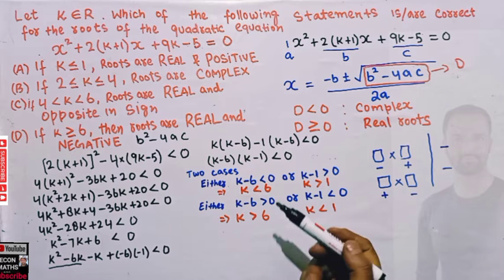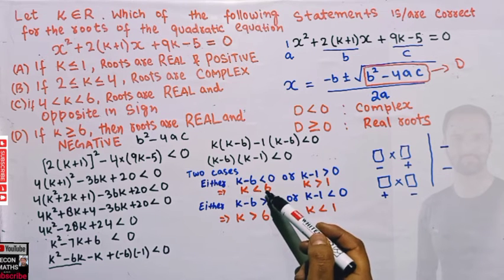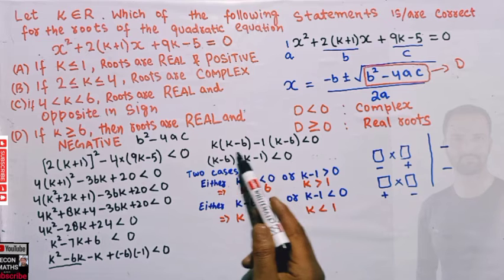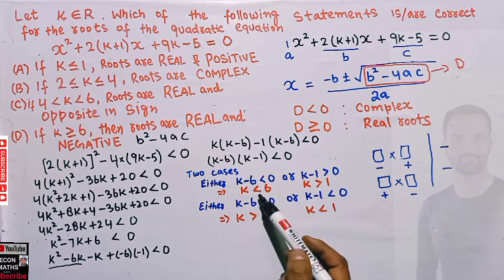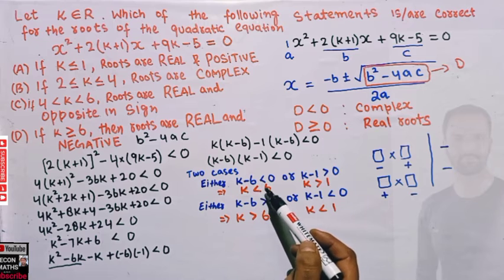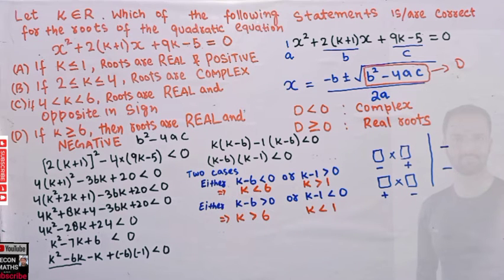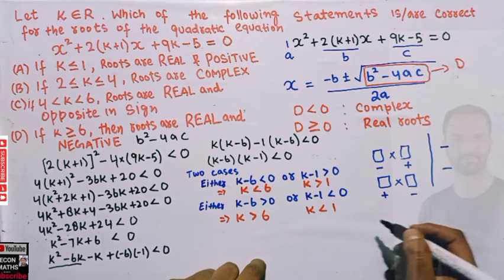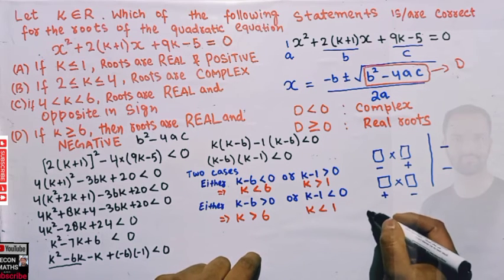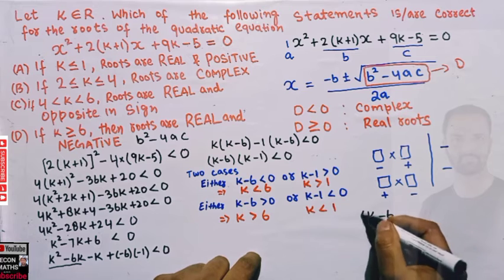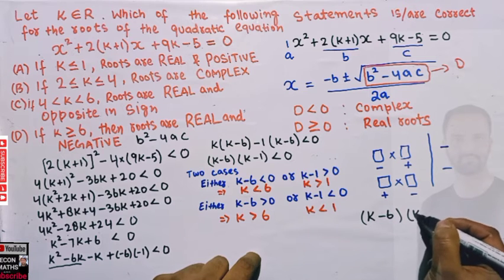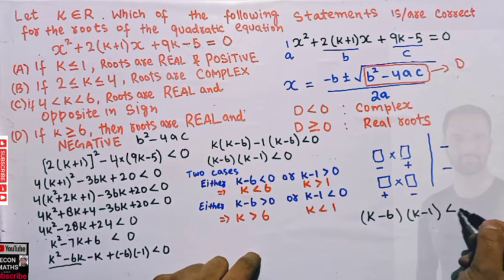Okay, so if k is less than 6, in this case let us concentrate on these two terms. What is a number less than 6? Let us say k is 5. So we have k minus 6 times k minus 1, and it should be less than 0.